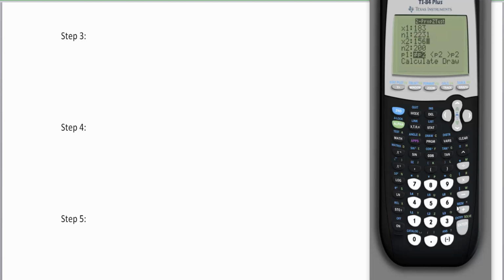It was very nice that the chart was given to us just like that, 156 and 2,169. Then we get p1 not equal to, less than, or greater than p2. In this case, we think the men are greater than the women, so click on that third option here. And then we go to Draw.